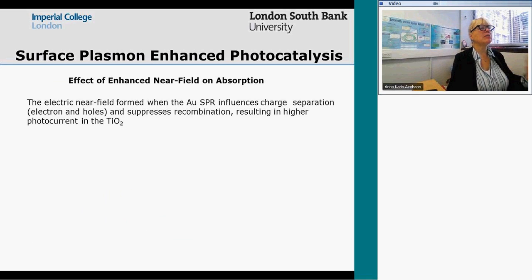We continue still working with different models describing whether what we see is maybe caused by another kind of near field, by models explaining if the field is causing a charge separation, i.e. forming electron-hole pairs in the TiO2 by the near field.